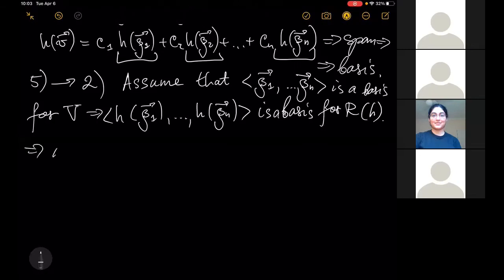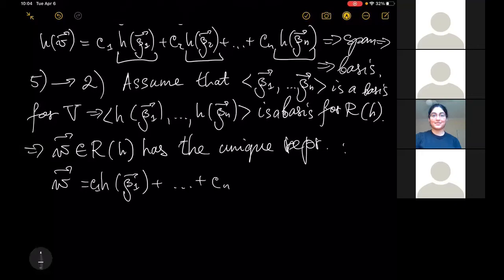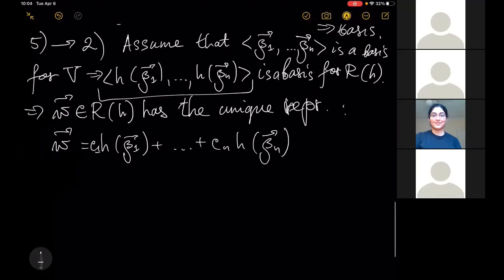So from here it follows that any W which belongs to the range has a unique representation with respect to these bases, right?